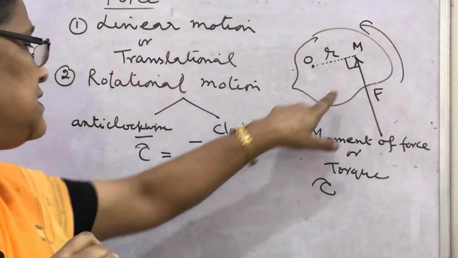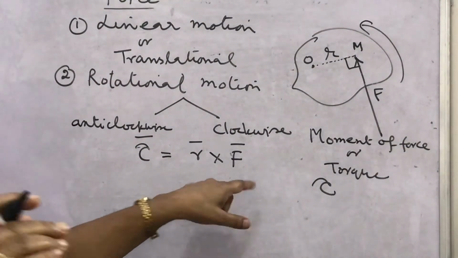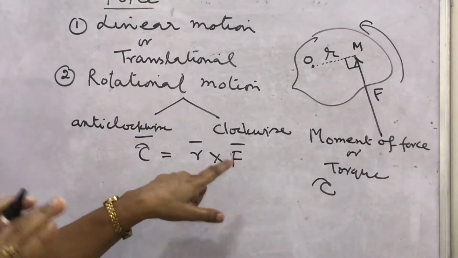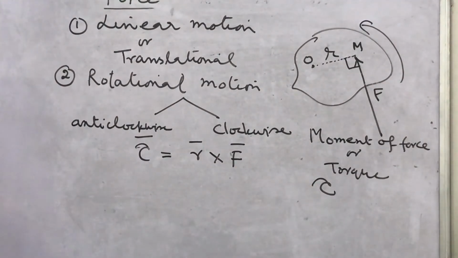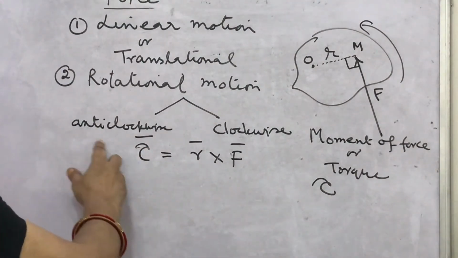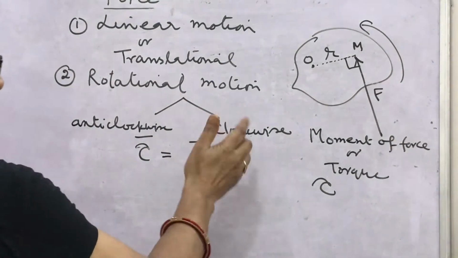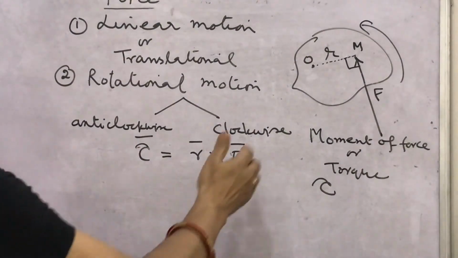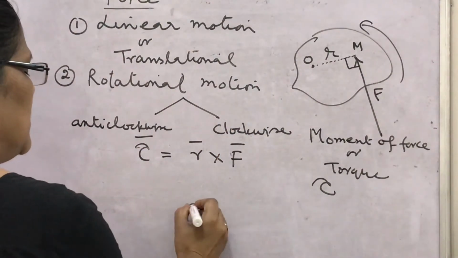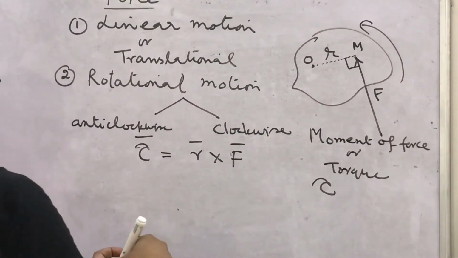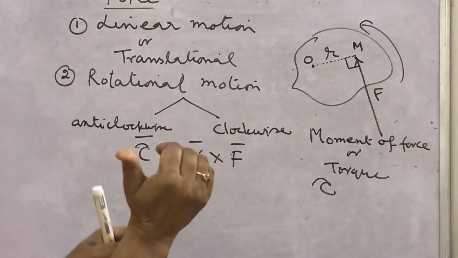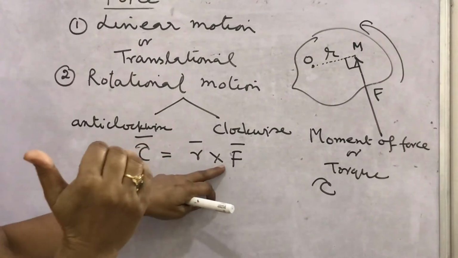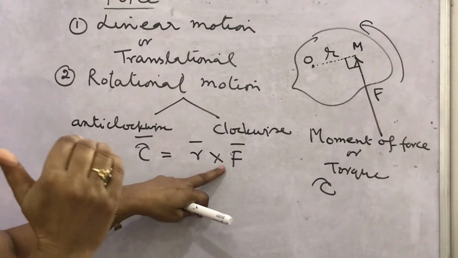This is a vector quantity, this is torque or tau, this is the moment of force. r is the perpendicular distance and F is the force applied here. You know these all three are vectors, and how is the direction of the moment of force determined? Look, if r and F are given here, you put the right hand thumb; by the right hand thumb rule you can determine the direction of the moment of force. How?